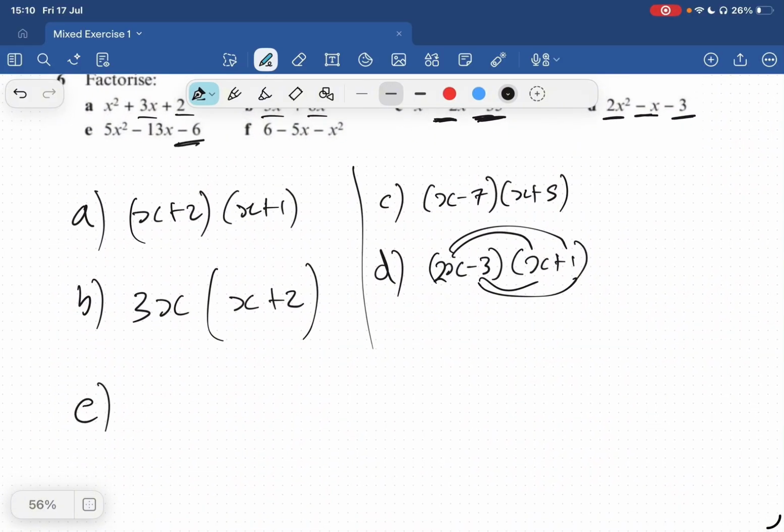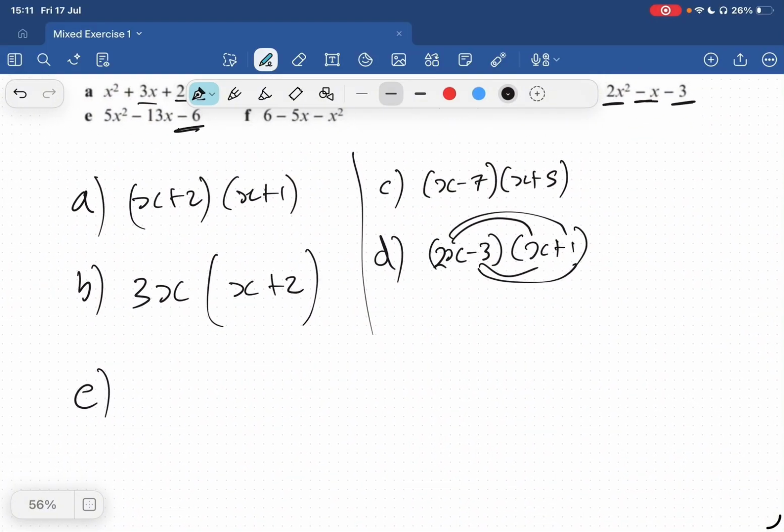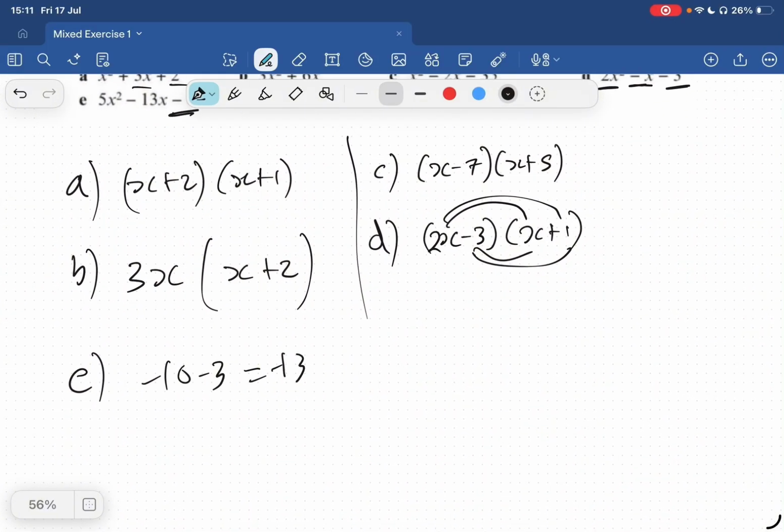So 5 times 6, so you have minus 30. You're trying to find two numbers that times together to equal minus 30 but add together to equal minus 13. 3 and 10 should jump to mind, but that is incorrect, sadly, because we need both of them to be negative to make negative 13, but then when you times them together, that's positive.